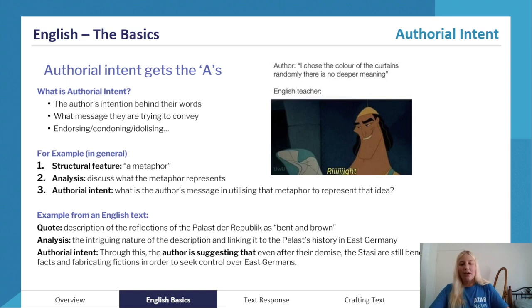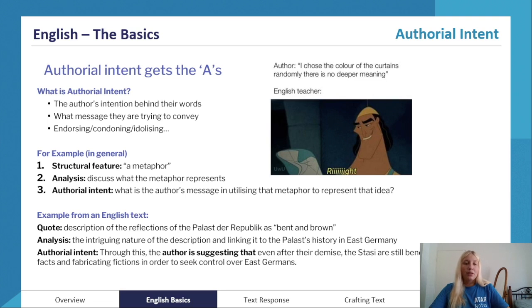You could end it here at analysis, but you've decided that you can relay an authorial intent message by analyzing this metaphor in more detail. So then your authorial intent basically answers the question, what is the author's message in utilizing that metaphor to represent the idea you've just analyzed and presented?